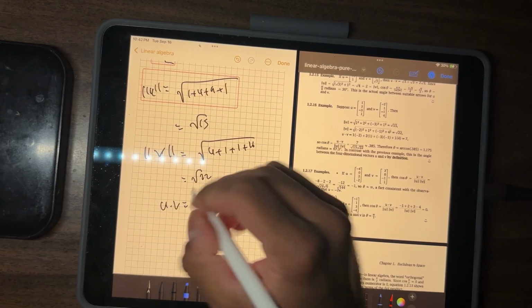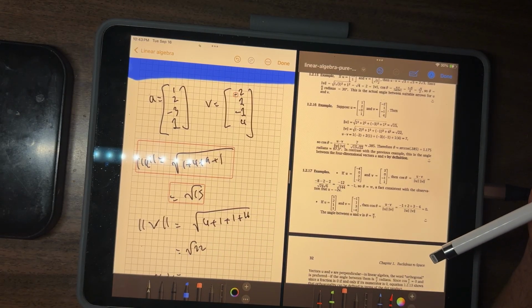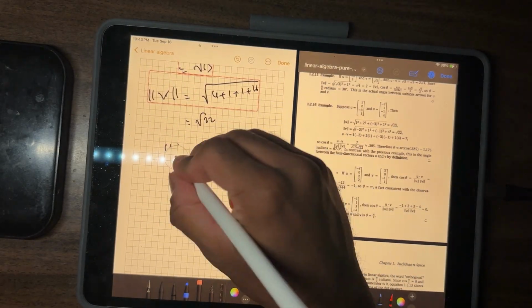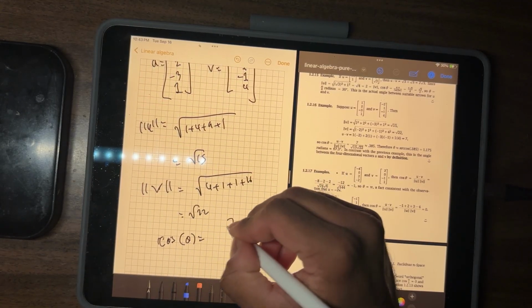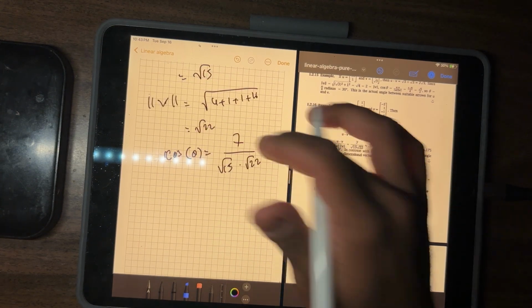So u dot v would be minus 2 plus 2, which is 0, minus 3 plus 4 is 1, so 0 plus 0 plus 3 plus 4, which is 7. So cosine theta would be 7 by root 15 times root 22.